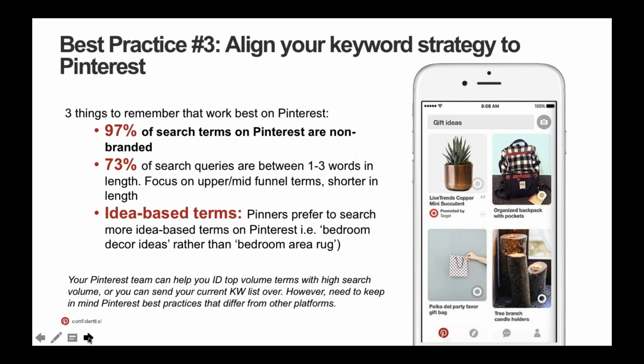However, even then, all of those brands put together will only account for 3% of search terms on Pinterest. So the volume by nature is low for branded terms. That doesn't mean that you can't include your branded terms in your keyword lists. It just means that most of the volume that you're going to get is going to come from non-branded terms.